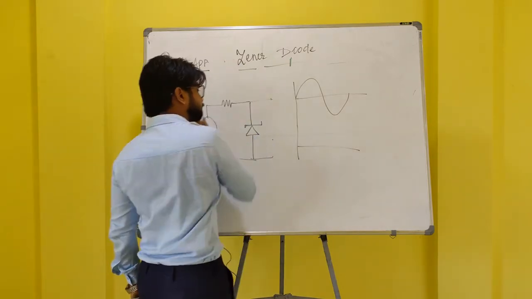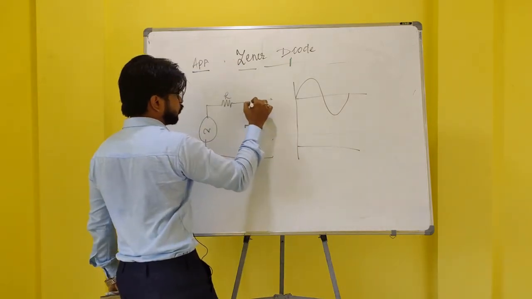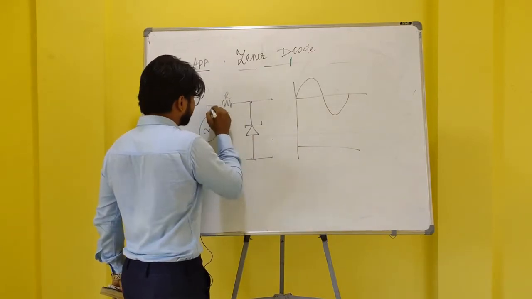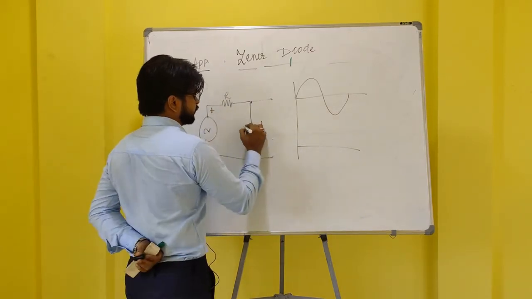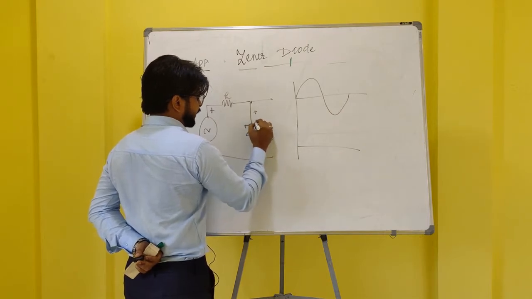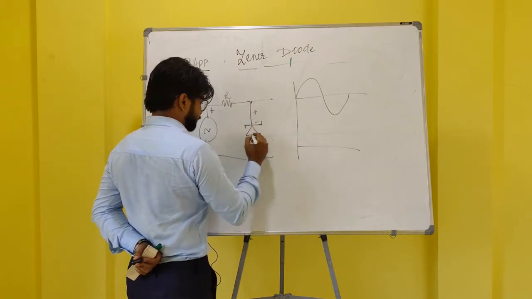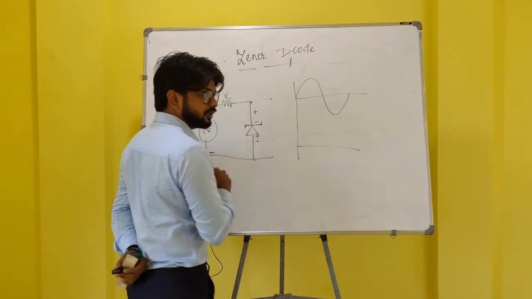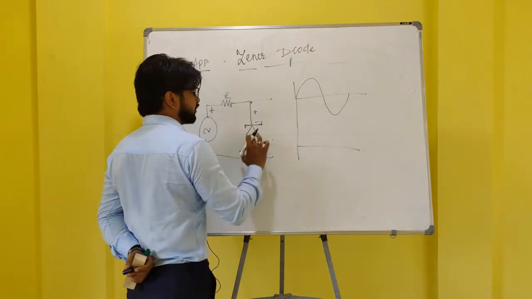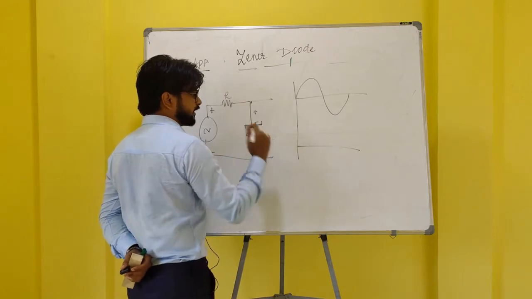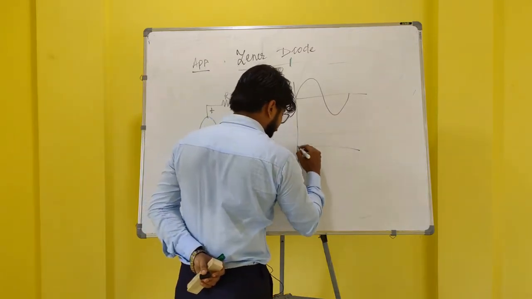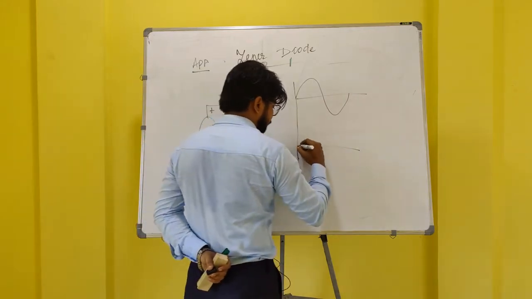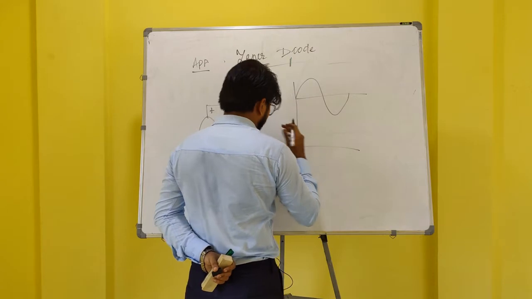In the first half cycle, this becomes positive and this becomes negative, so negative is connected to the positive, and positive is connected to the negative. So this is reverse bias. In reverse bias condition, there is a very low voltage leakage.